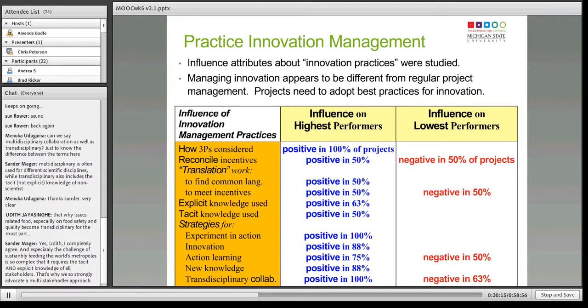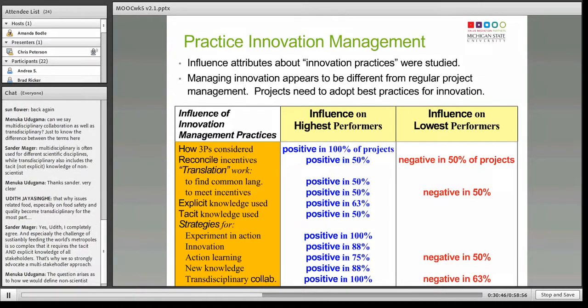As you might imagine, the need to reconcile incentives, the need to translate to find a common language and common incentives among the four Kinji partners. These were positive, but they weren't as strongly positive as we might have expected. On the other hand, look at the strategies that were used to experiment in action, innovate, action learning, new knowledge, and transdisciplinary collaboration.